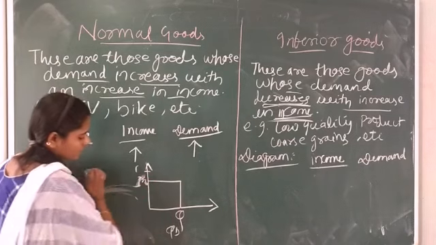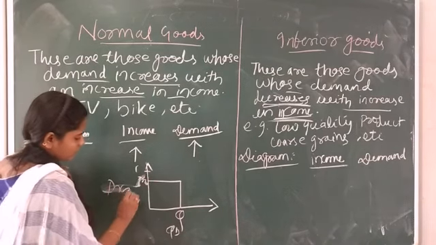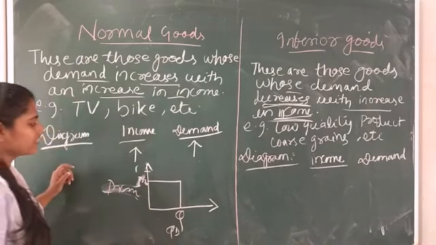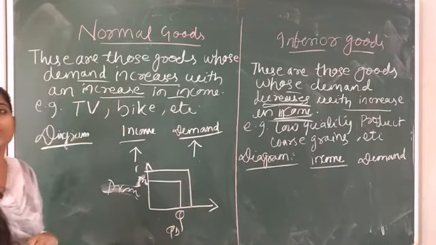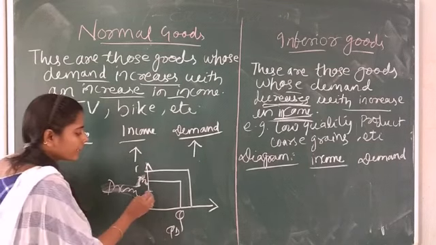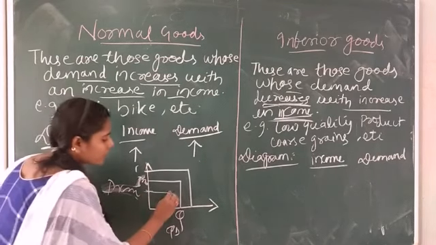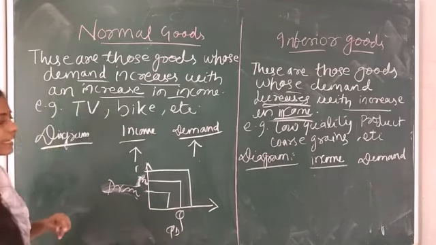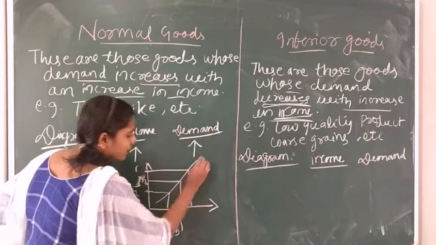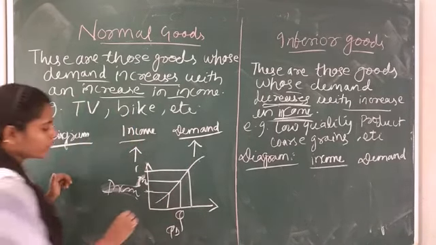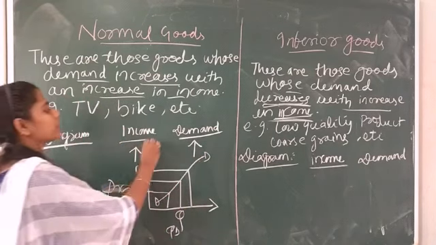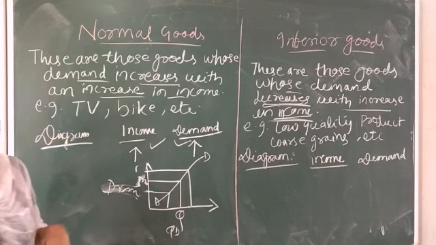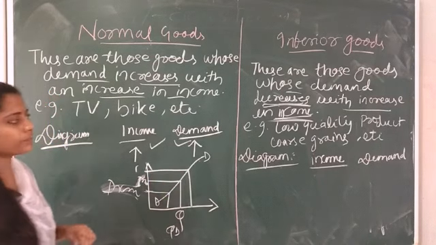If income increases, there is a movement of the demand curve, and we can say that there is a positive relationship between income and demand in case of normal goods.